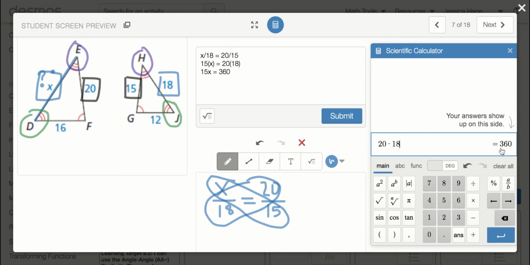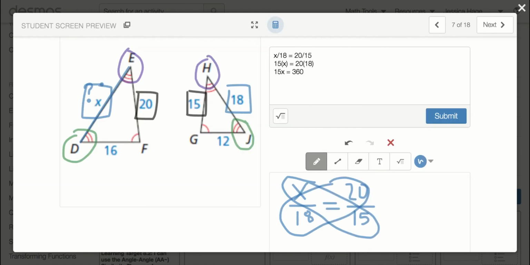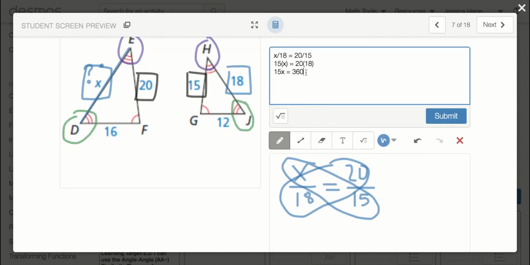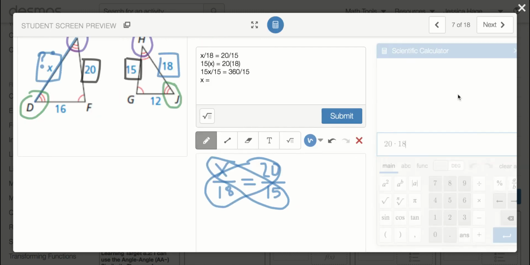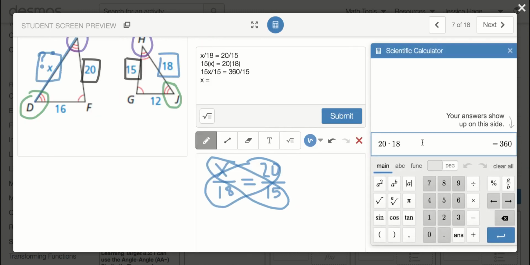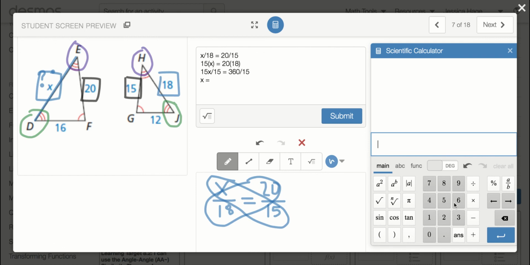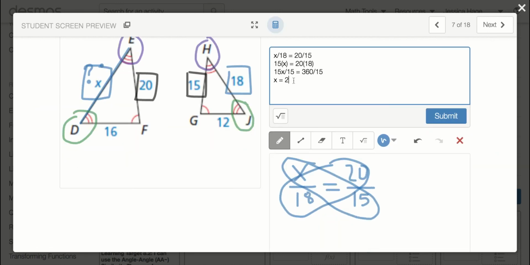Double check that. Yes, 360. And then we're going to divide by 15 on each side, because that's the number in front of x that we're trying to get rid of. And so x is going to equal 360 divided by 15 is going to be 24. So x is going to equal 24.